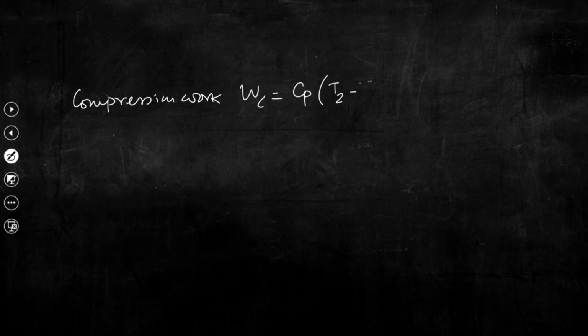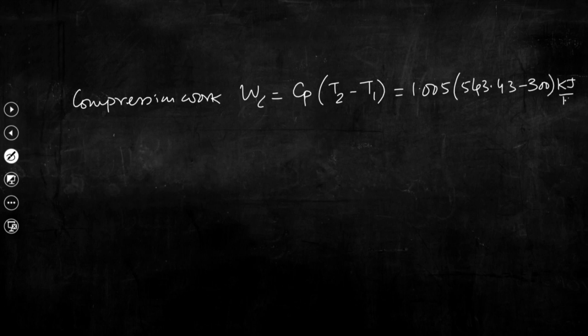Then next we can calculate the compression work, Wc, that equals Cp into (T2 minus T1), and if we write that, it is 1.005 into (543.43 minus 300), in kilojoule per kg.